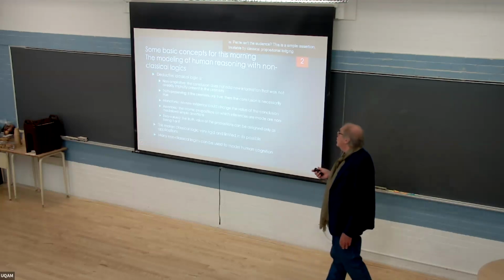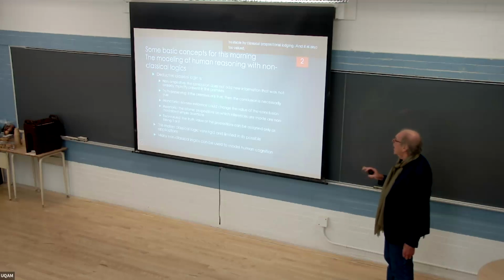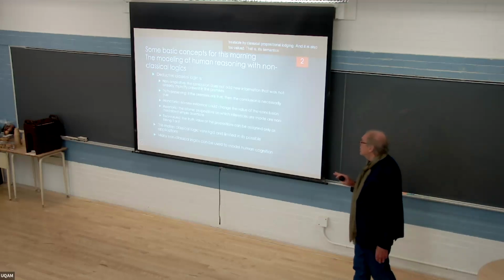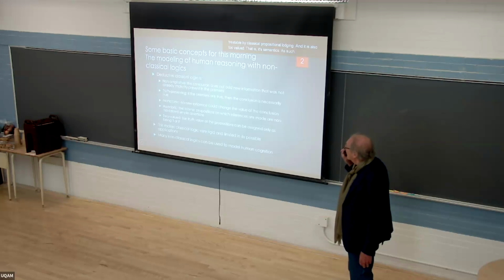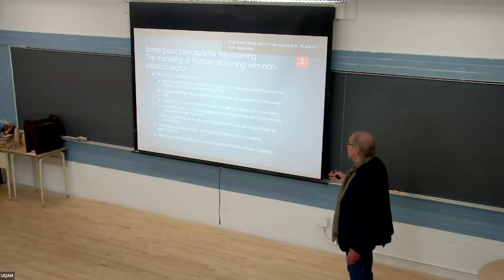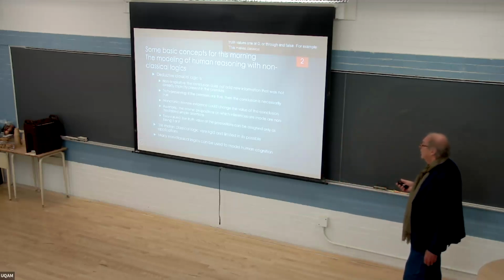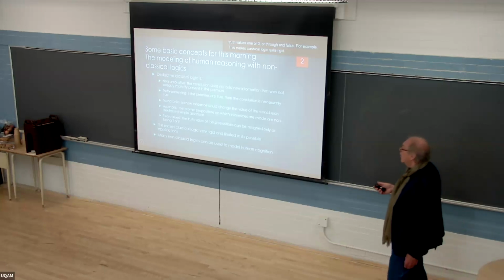And it is also two-valued. That is, its semantics is such that when you add a function, a propositional connective to an assertion, then from a semantical point of view, the result is one of two truth values, 1 or 0, or true and false, for example. This makes classical logic quite rigid and limited in its possible applications.